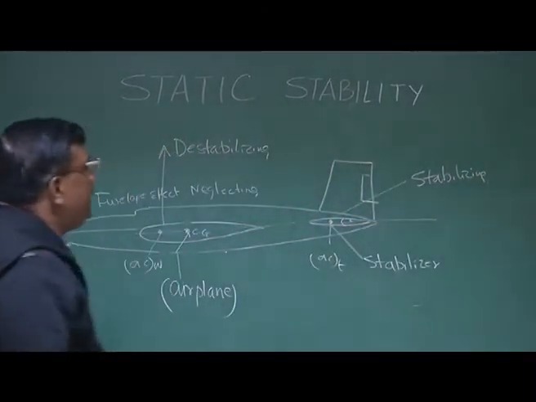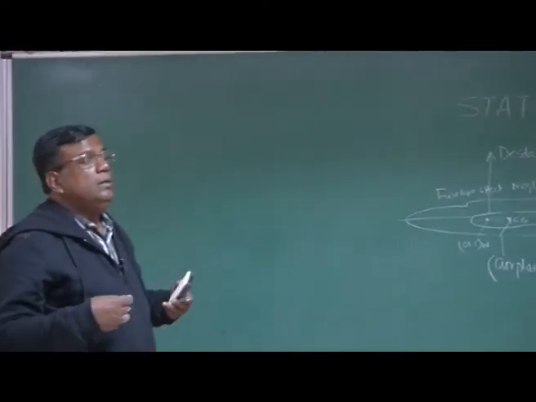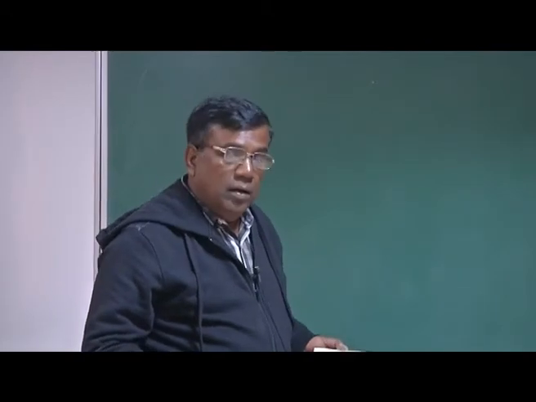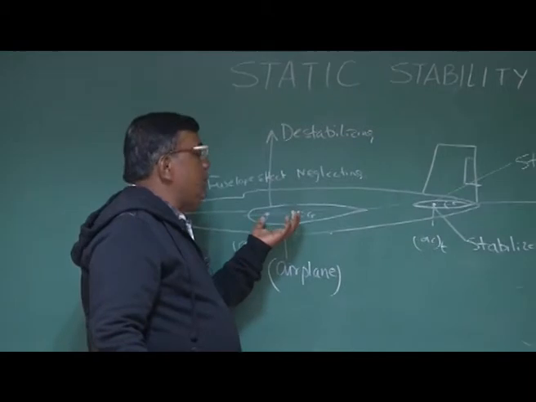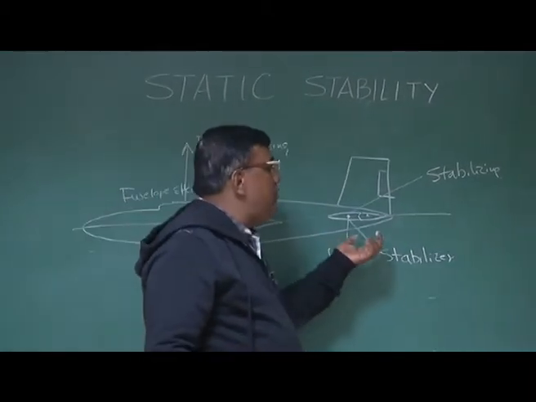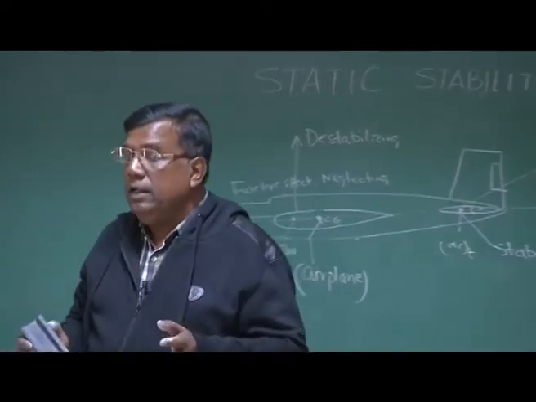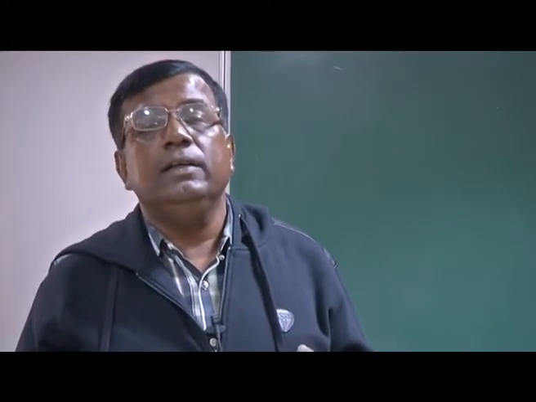So whether the aircraft will be statically stable or not will be decided by the actual contribution of wing, which is destabilizing, and the actual contribution of tail, which is stabilizing, and they will try to nullify each other, and whosoever wins will decide it.